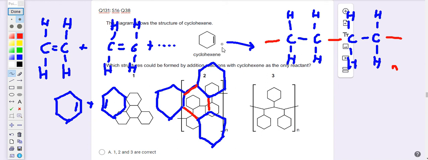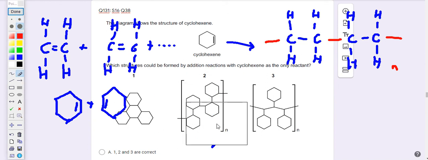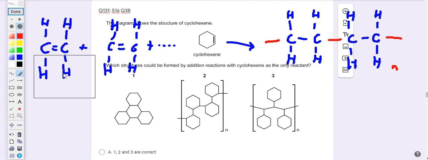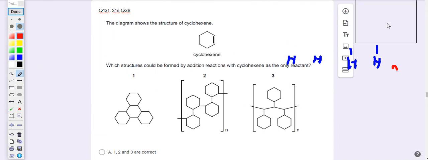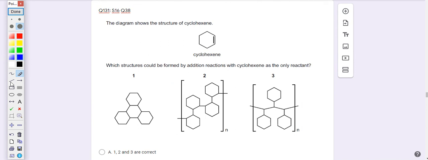Now let's look at the second one. I'll erase the whole thing so that we have more space. Can you see that the second one is also very similar? You have the monomer with the double bond initially here, here, here, and here.